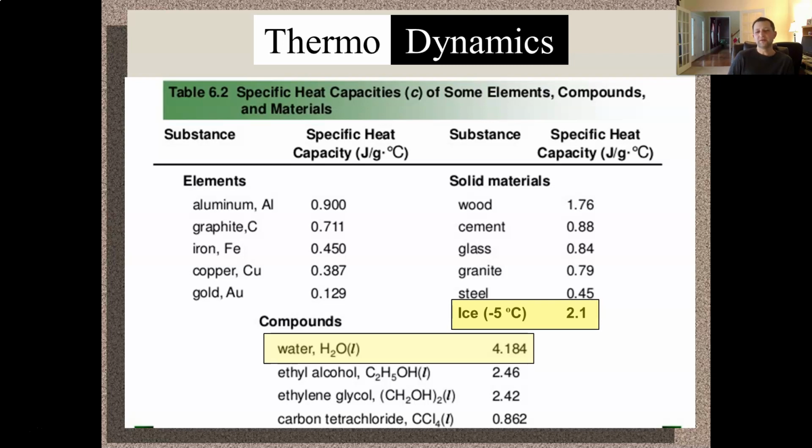So it's interesting that both of these are water, but water in the liquid form versus the ice form has a different specific heat. The reason this difference occurs is because obviously water in the liquid form has more movement, right? The particles are moving around freely over one another, and with ice they're not. So if you're heating up some ice, it doesn't take as much energy to heat up ice by 1 degree because the particles are relatively stagnant.